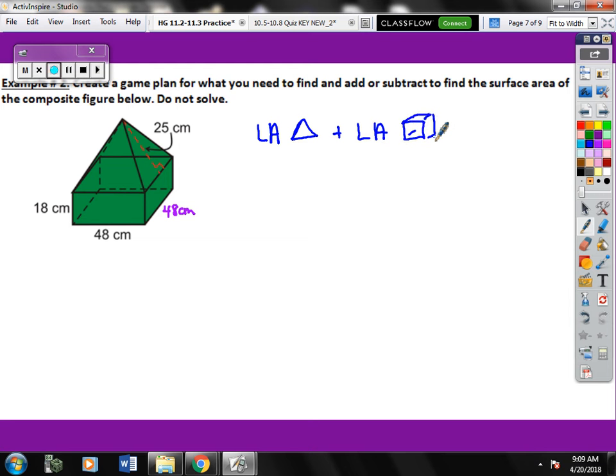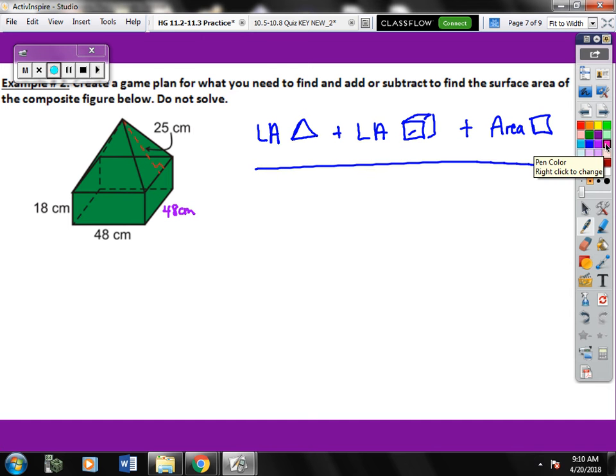Okay, so lateral area of the pyramid would be the 4 triangles. Good. Lateral area of the prism, which would be the 4 sides around. And then he said, let's add a base. So add the bottom. So we'll just say plus the area of 1 square. That will work. And I like it. Anyone think of another way?